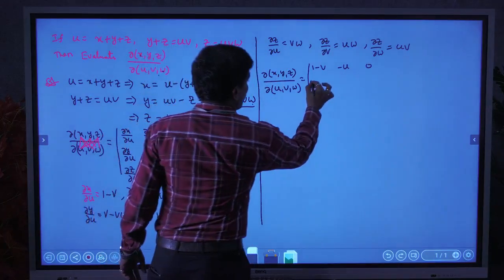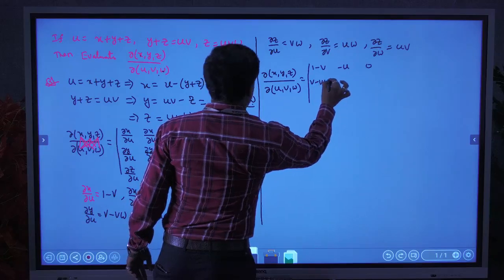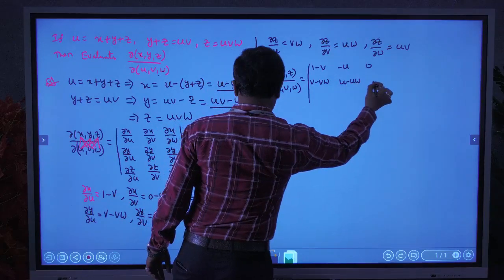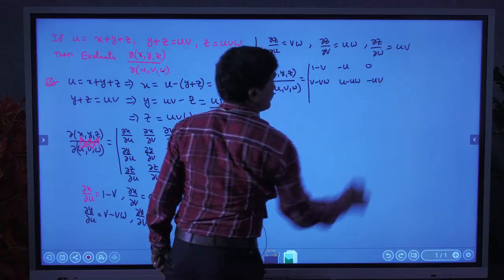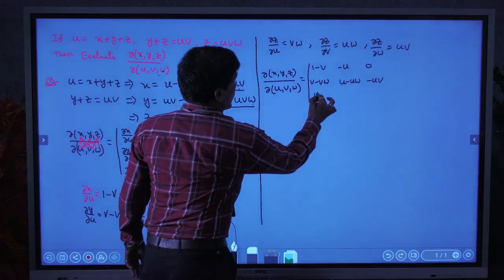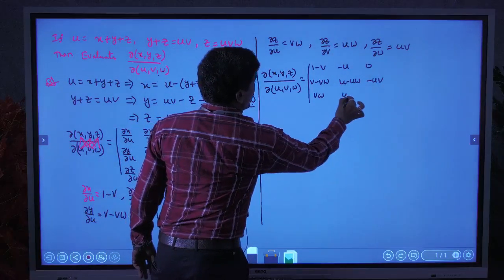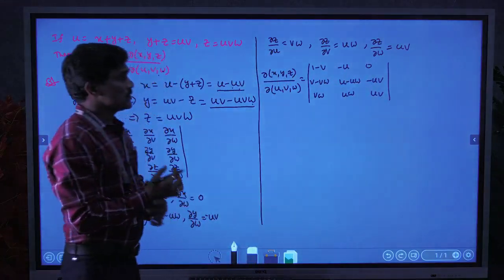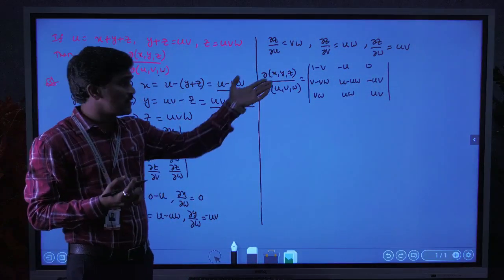Next, v minus vw, u minus uw and minus uv, right? So next, vw, uw and uv, right? So now calculate the determinant of this one.